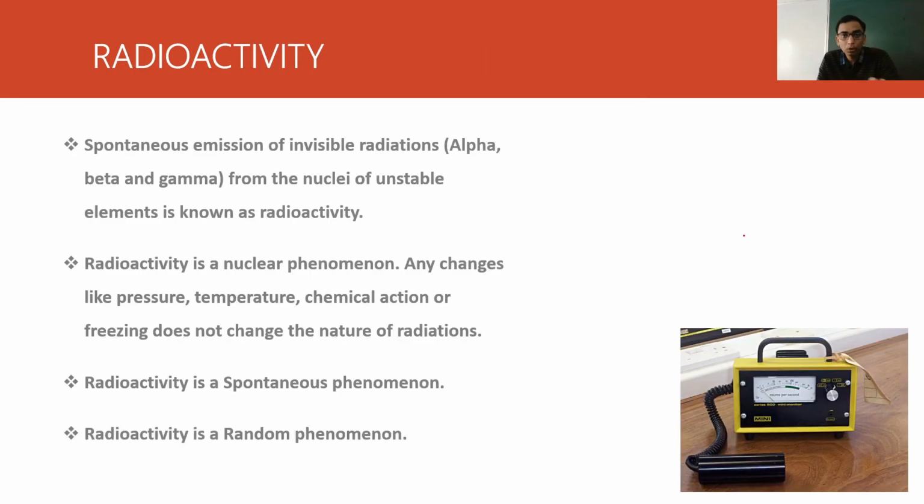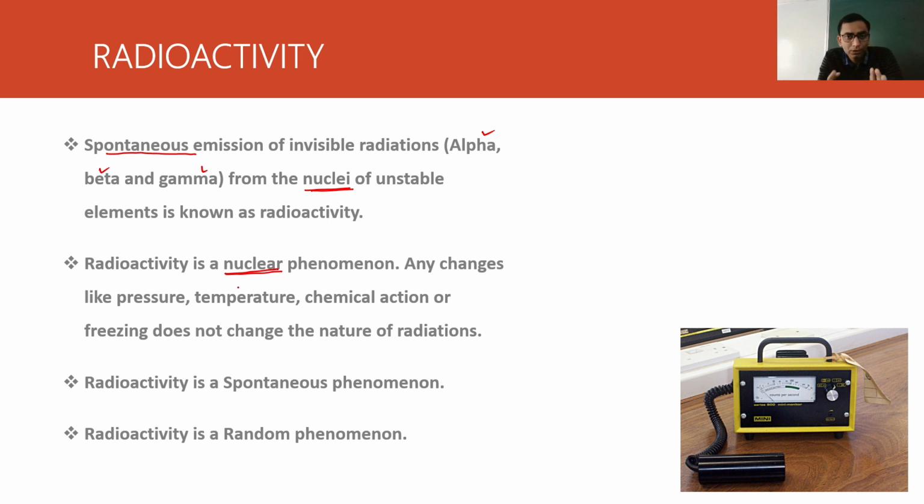Now, some basic important points about radioactivity we need to understand. This is the definition of radioactivity: spontaneous emission of invisible radiations, and radiations are of 3 types: alpha, beta and gamma, from the nuclei of the unstable element. I have already told you what an unstable nuclei means, and that is why we have made a statement in the second point that it is a nuclear phenomenon.